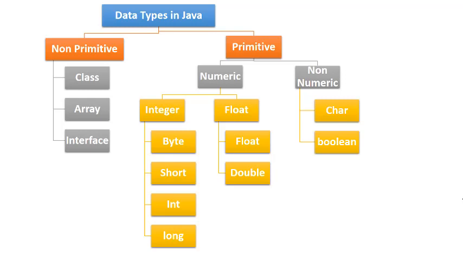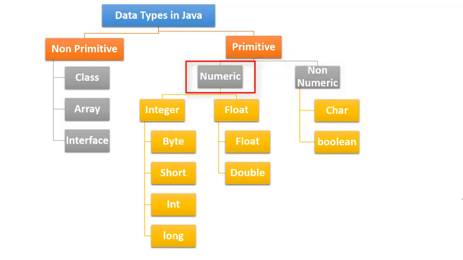So let us first define what is meant by primitive data types. On the screen you can see that there are two further categories of primitive data type, numeric and non-numeric. The most common type of data types in a programming language are numerics.